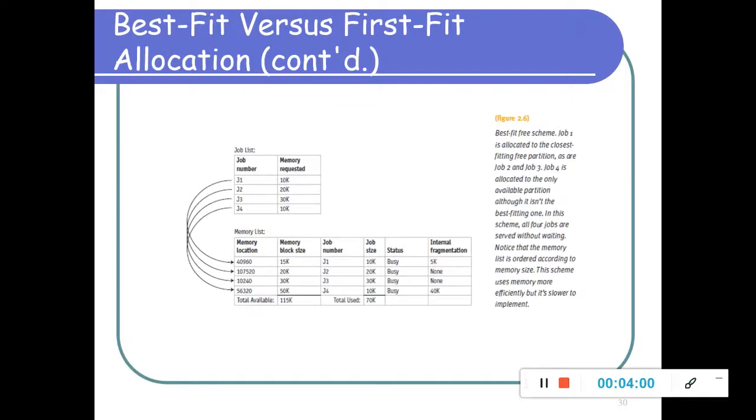Now we look at the best fit scheme. Again, this is the OS. This is partition 1, 10240, and this is the job. This is partition 2, which is 40960.